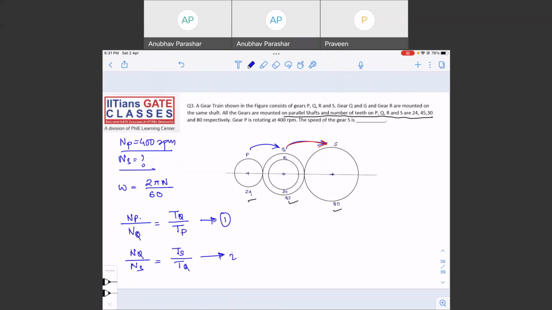So if you simply multiply 1 and 2, what is going to happen is NP by NQ multiplied by NQ by NS is equal to TQ by TP into TS by TQ, right? Few things are getting cancelled, as you can see.